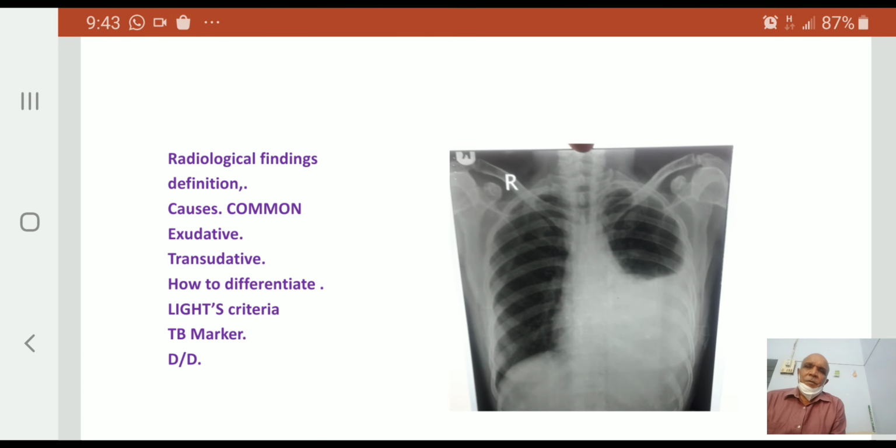In this X-ray we see radiodense opacity with non-visualization of the left CP angle and left dome of the diaphragm, and shifting of the mediastinum to the contralateral side. So this X-ray is of left pleural effusion.